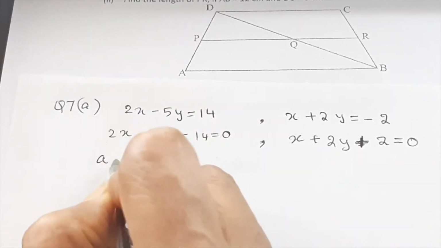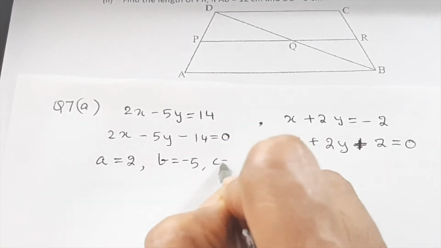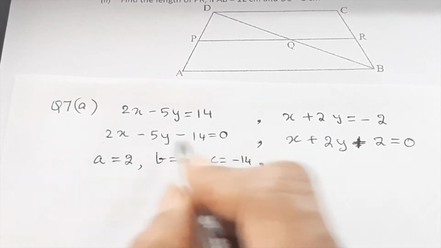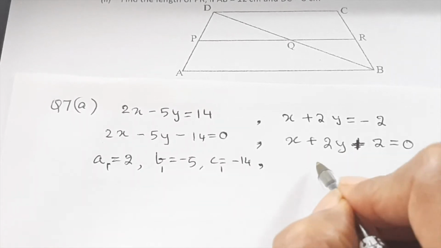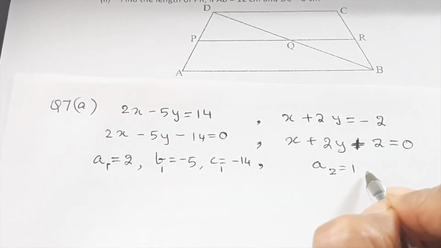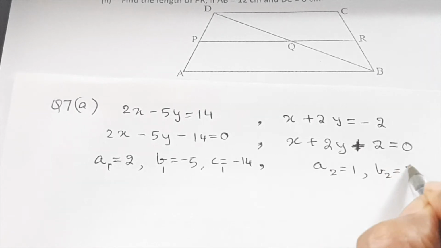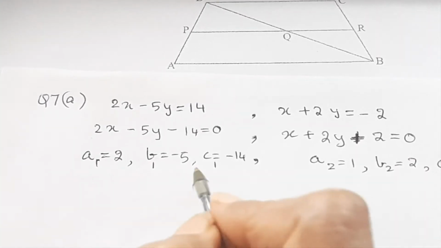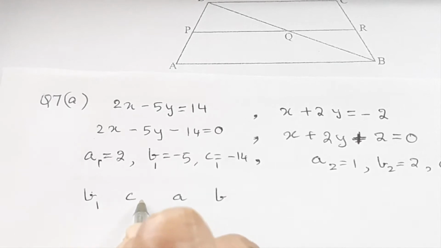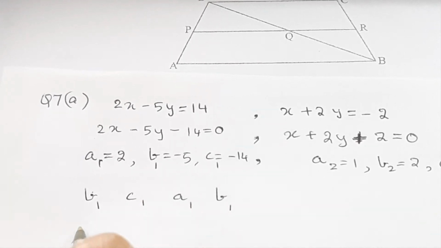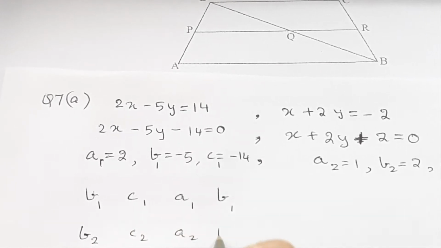So here we will have a equal to 2, b equal to minus 5 and c equal to minus 14. And because it's the first equation, we'll call it a1, b1, c1. And this side, it will be a2 equal to 1, then 2y, so b2 equal to plus 2, so c2 equal to 2. Now, for cross multiplication, we have to write b1, c1, a1, b1, and below that we'll write b2, c2, a2, b2.